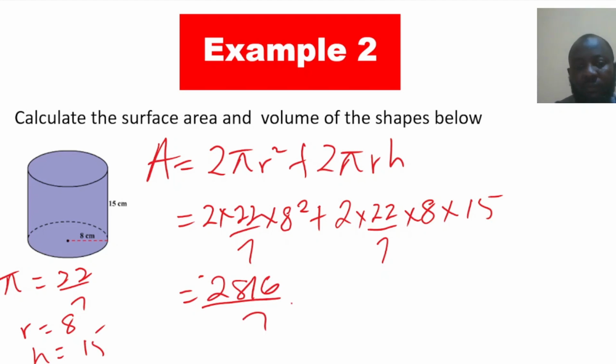2,816 over 7 plus 44 times 8 times 15. That is 5,280 over 7.